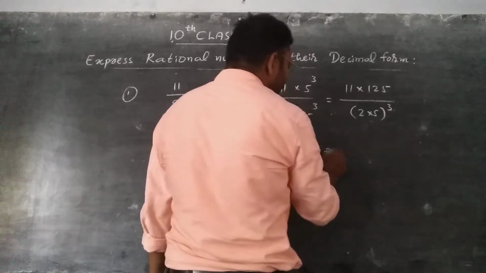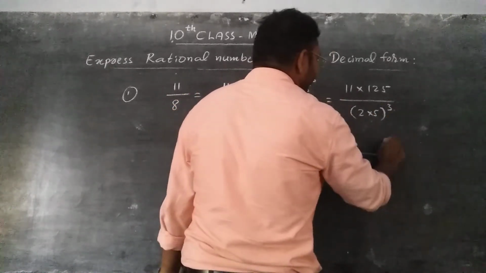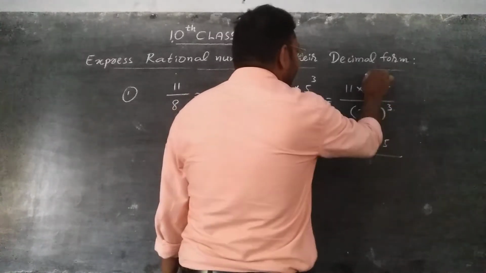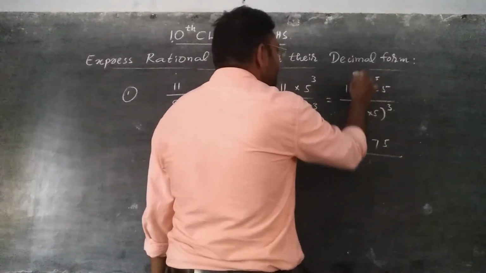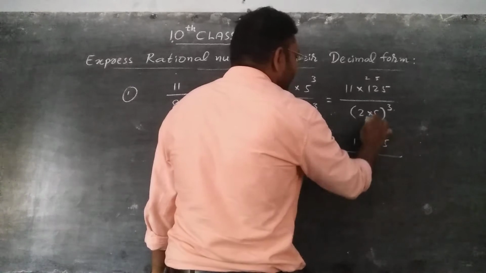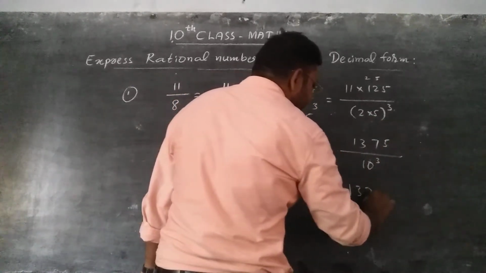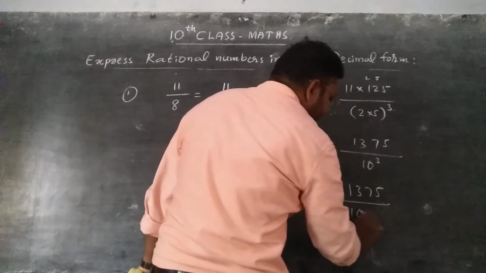Now finally, 11 5s are 55, 11 2s are 22, 5 plus 2 is 7, 11 1s are 11 plus 2 is 13. 2 5s are 10 cube. Now it is 1375 by 1000.